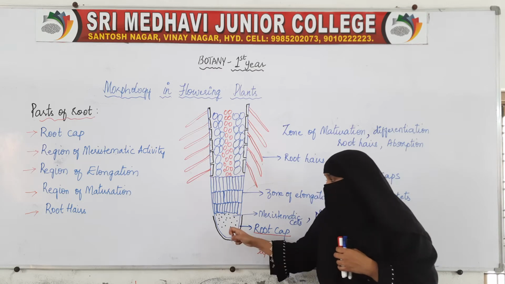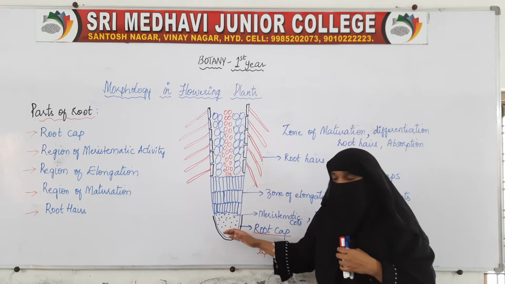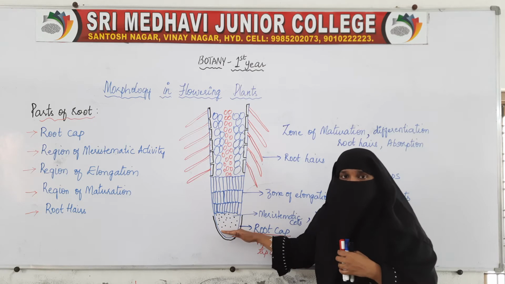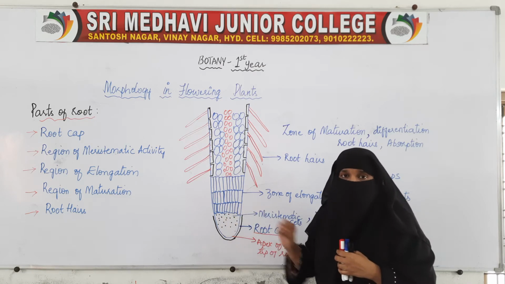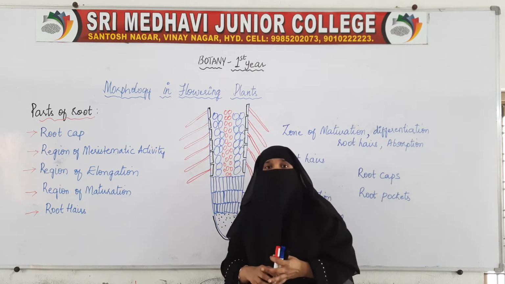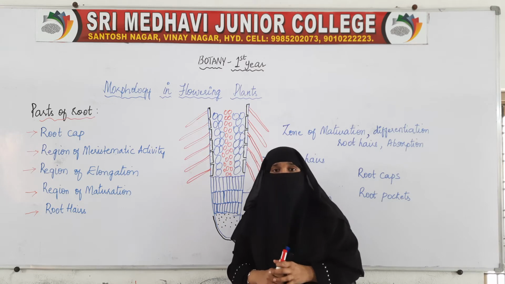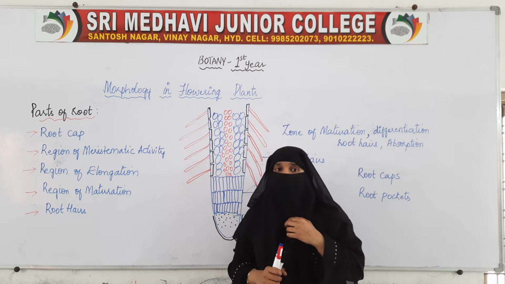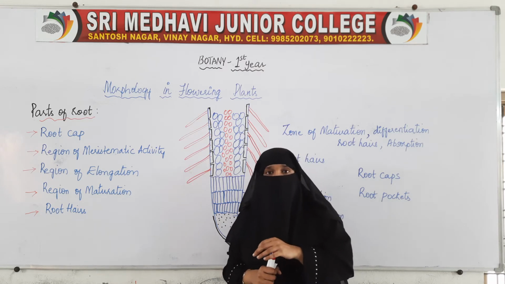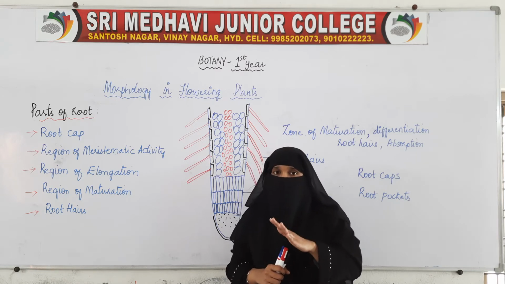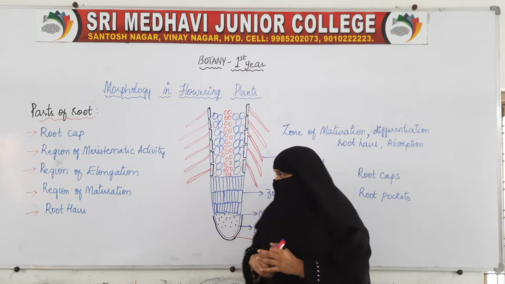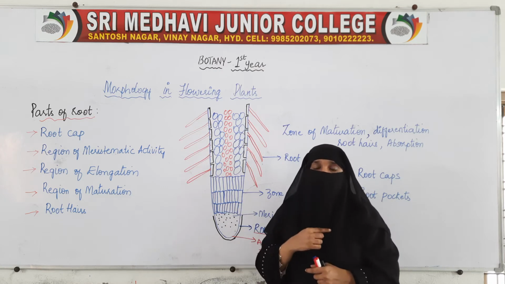Why? Because in this region, just above this cap, we find meristematic cells. These meristematic cells are very important. These are very rapidly dividing cells. Because of these meristematic cells only, growth will be seen.